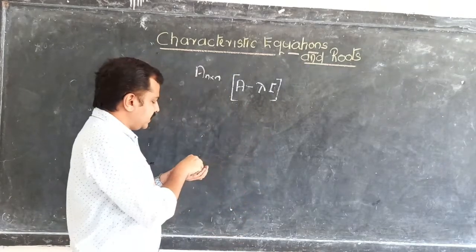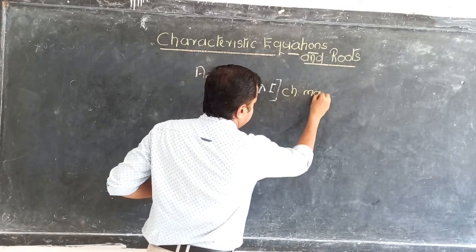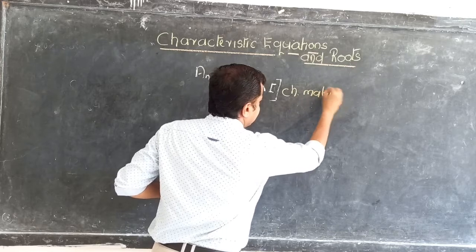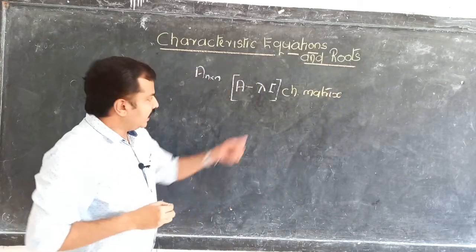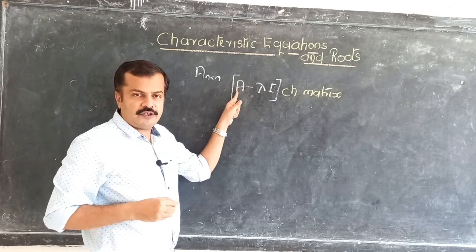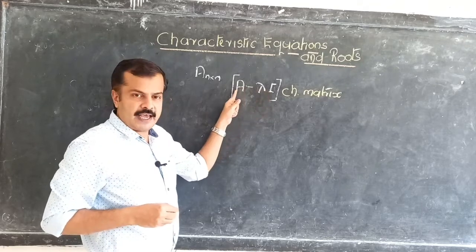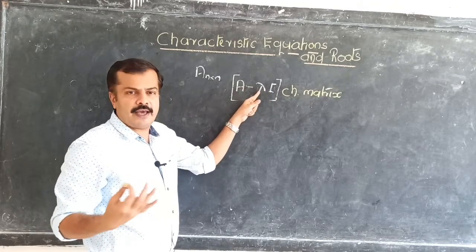Here A is the matrix of coefficients, which obviously is a square matrix, I is an identity matrix of the same order, and lambda is a coefficient.